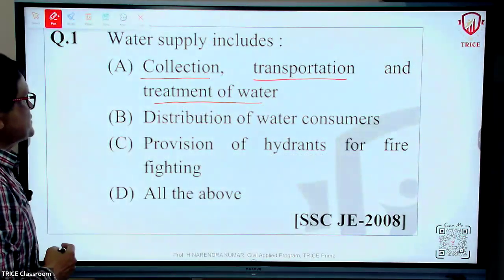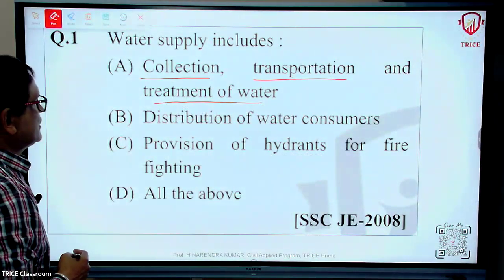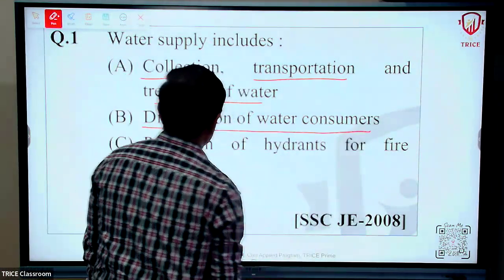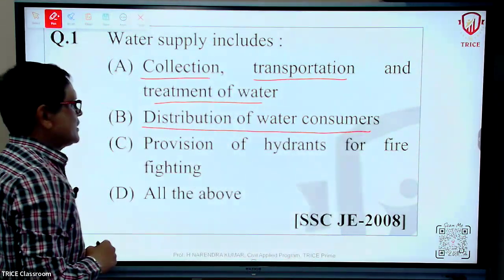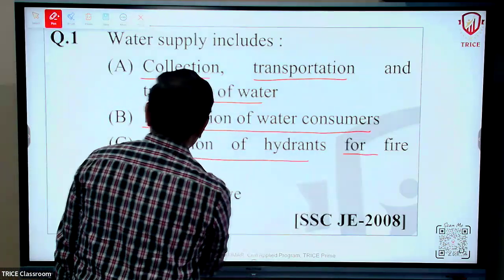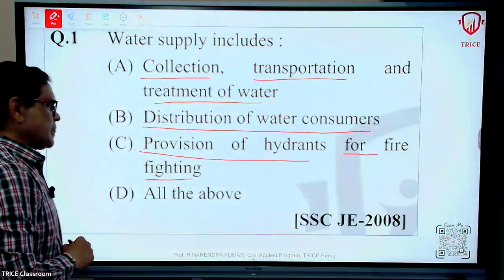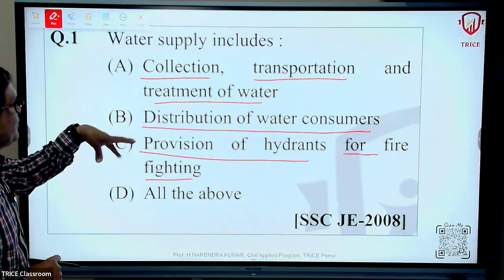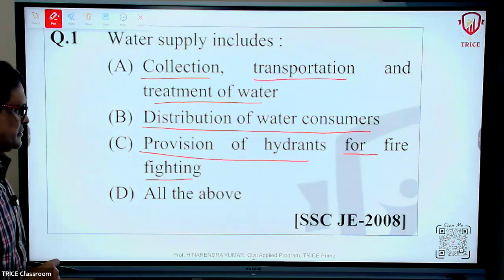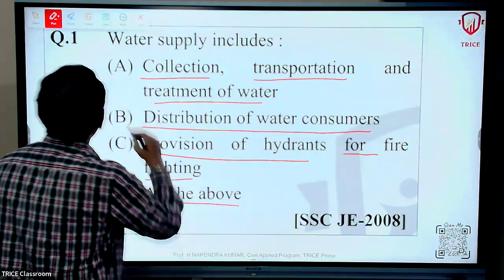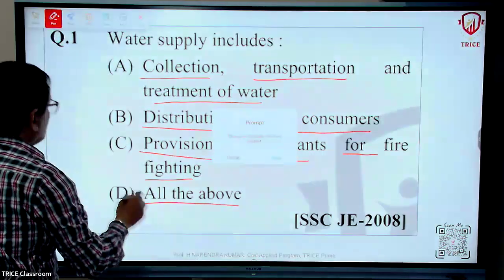So the second option is distribution of water to consumers. The third is provision of hydrants for firefighting. Okay. So if you look at all these 3 options, water supply includes all the 3. So you can easily say that the answer is all the above.